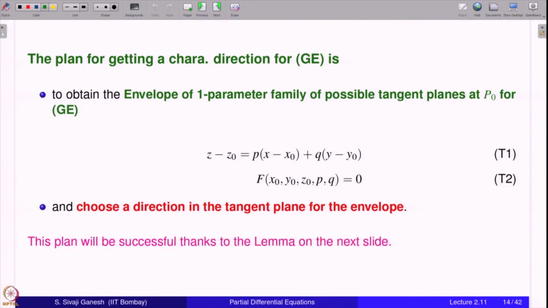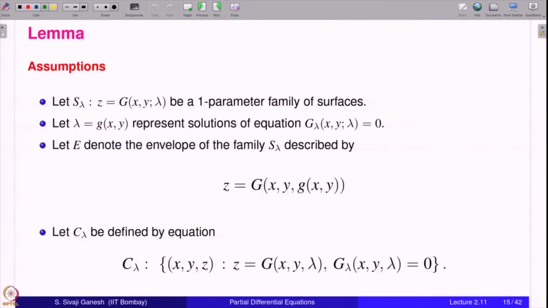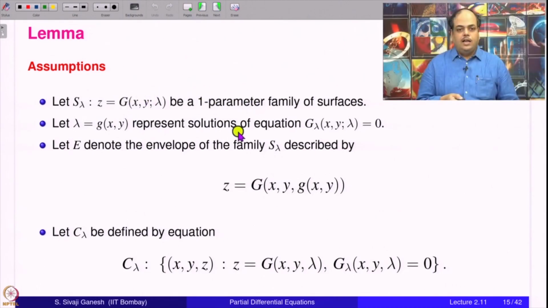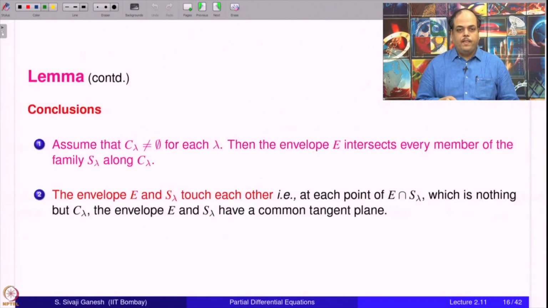This plan will be successful because we have a lemma that we proved in the last lecture, which is here. If you take a one parameter family of surfaces given by z equal to g(x, y, lambda), and you find its envelope, which is this z equal to g(x, y), and C lambda denotes the intersection of the envelope and the family, then look at the second conclusion.